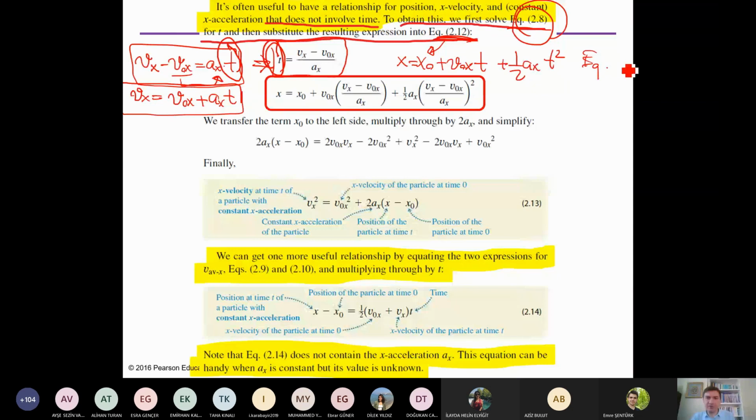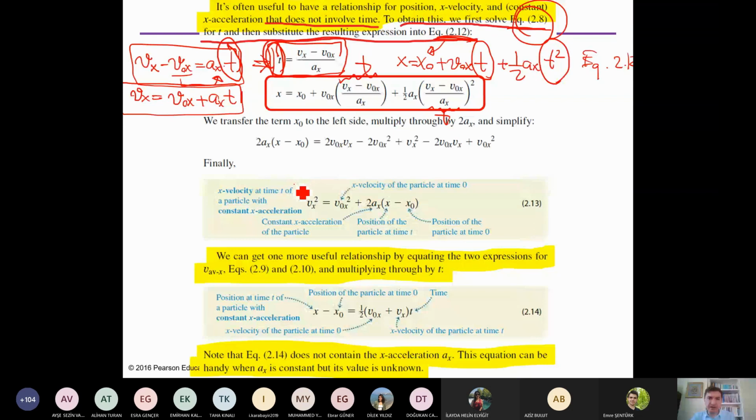So instead of t here, instead of t square here, just use this t. Okay? Instead of t here, just use vx minus v0x over ax. So if you solve this one, finally you will get this equation.